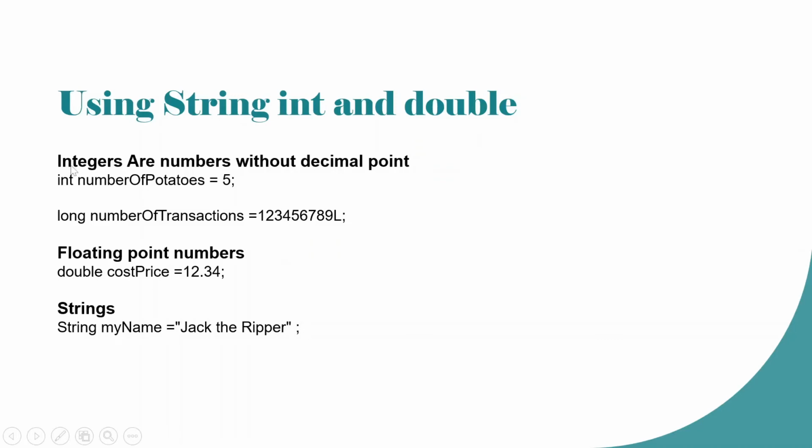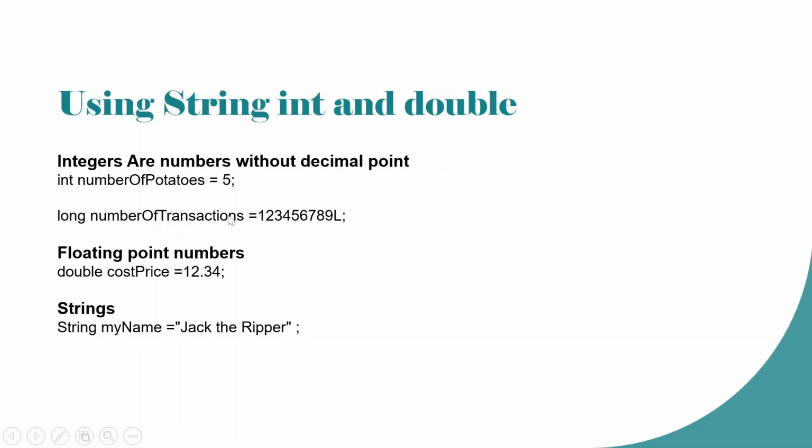The first is an integer. Now, we have two kinds of integers that we are going to show you. There are more, but for now, the int is a small integer, and we will declare a variable, number of potatoes.